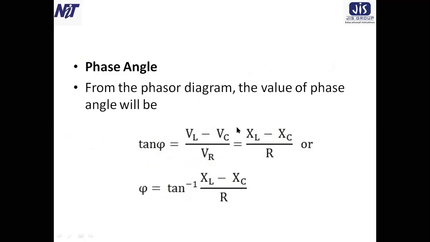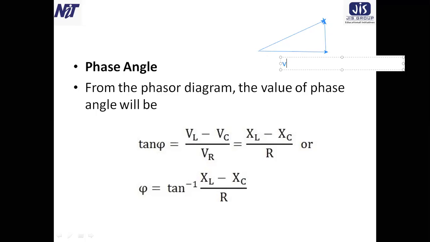And now try to understand the phase angle. Can you remember what the phasor was? This was the current phasor. This is the VR, this was VR along the x-axis, and this one is the VL minus VC. Just try to understand.